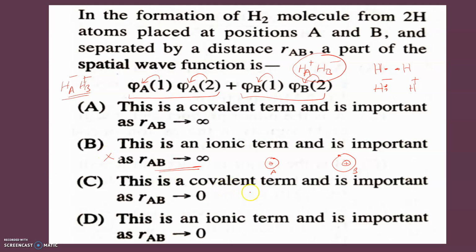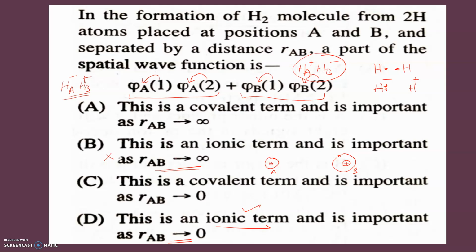So the third one is covalent. Fourth one, yes, the ionic term is given and it is important when the distance between A and B approaches 0. When the distance between A and B approaches 0, there is a chance of forming ions, or ionic character may arise.